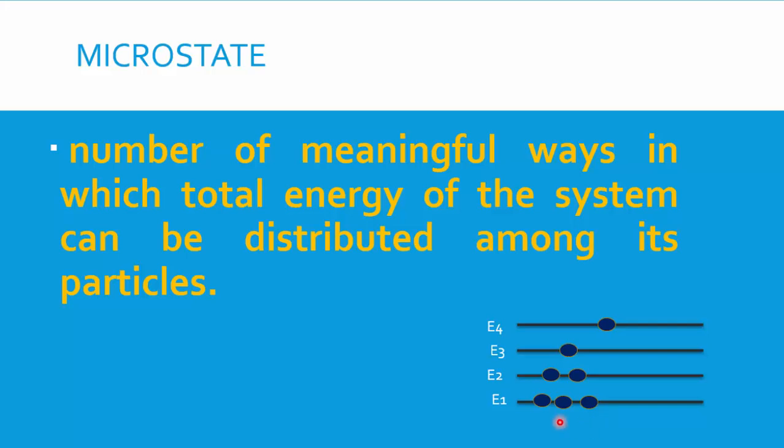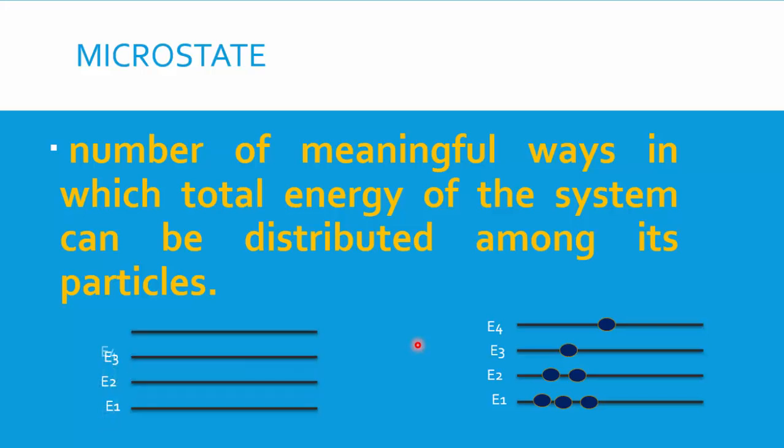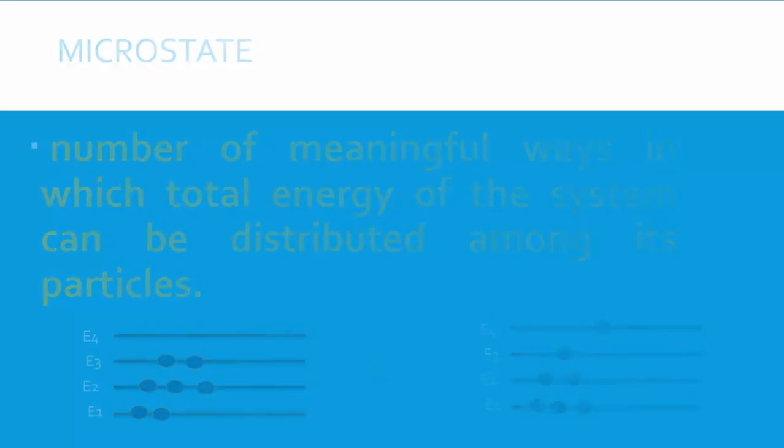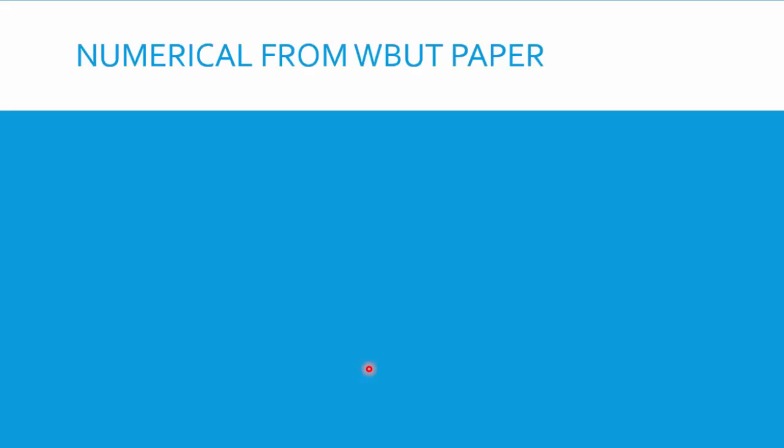So how many ways can you place these particles in these energy levels? Here in this case you have 3, 2, 1, 1, and you can also distribute in another way, like out of these 4 energy levels you can distribute as 2, 3, 1, 1. When you distribute these particles in different meaningful ways, this number of ways is called microstate.